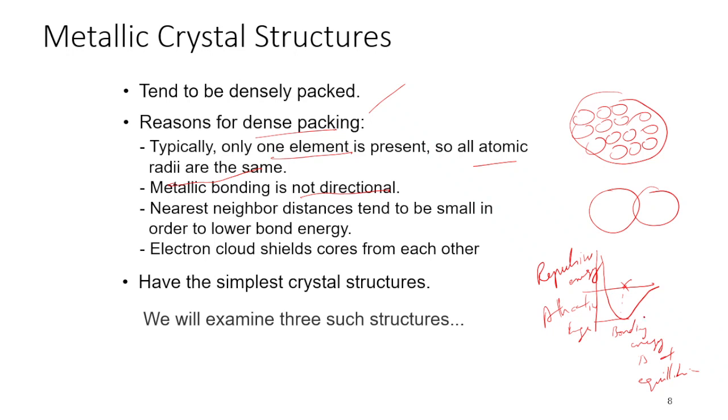So beyond this, what will happen? This is distance. If we bring the atoms too close, the repulsive energy will become too high. If we take them farther and farther away, then the attractive force will automatically go away, right?